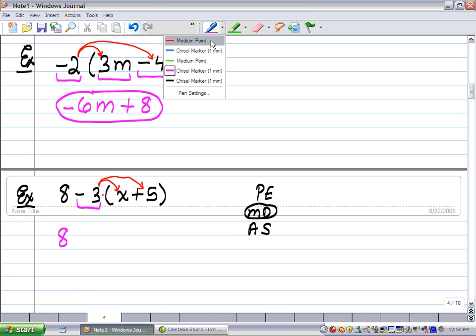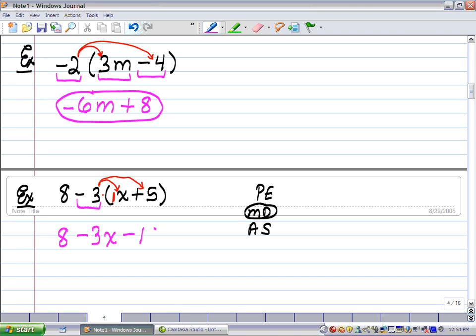There's also an invisible 1 in front of this x. I don't see a coefficient there, so I can think of it as a 1. Okay, so negative 3 times 1x is negative 3x, and negative 3 times 5 is negative 15. Now I have two like terms.